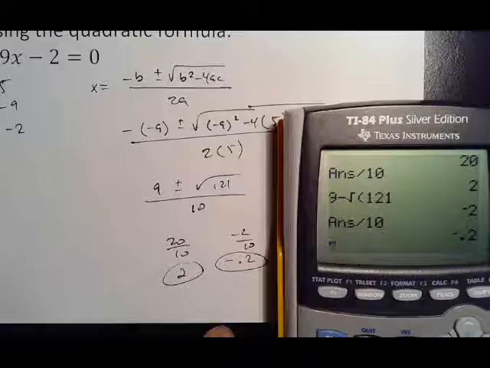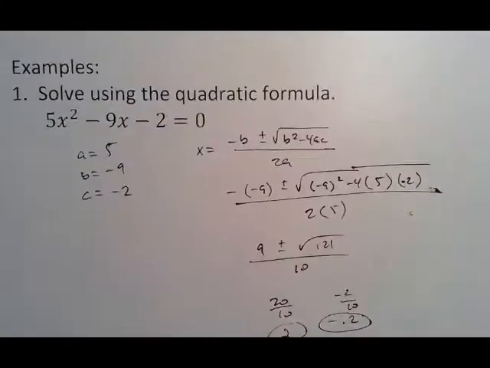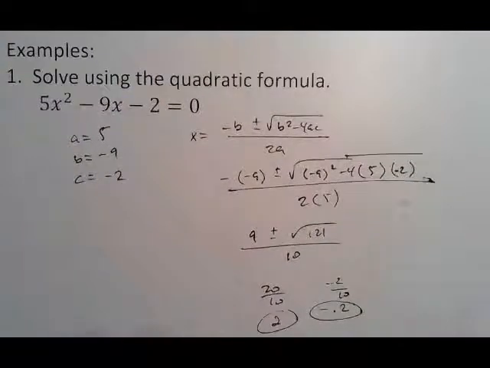So that works, and if you were to plug those numbers in, which I'm not going to do, you would see that they actually do work out just like they're supposed to.